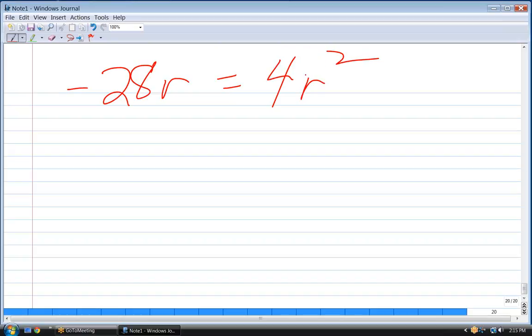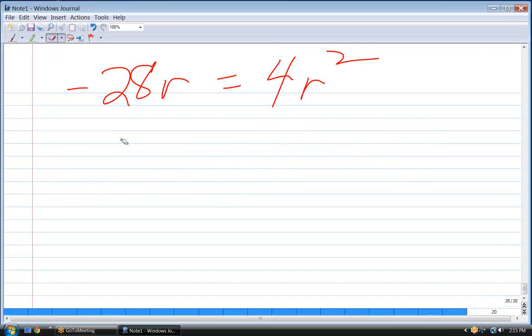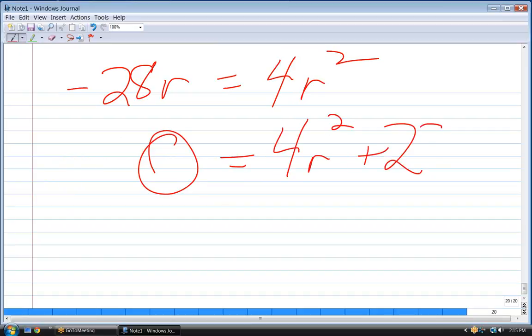In other words, if I subtract this, here's what I'm left with: both coefficients are negative. Whereas if I add 28r to both sides, then I'm left with this. And as long as you're comfortable with having your variable on the right side, positive coefficients are easier to deal with than negative coefficients.